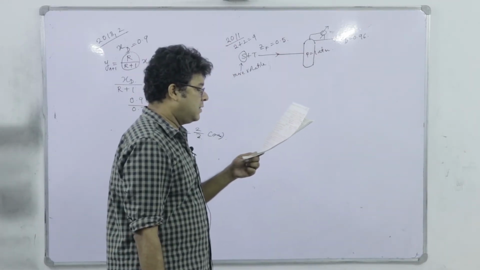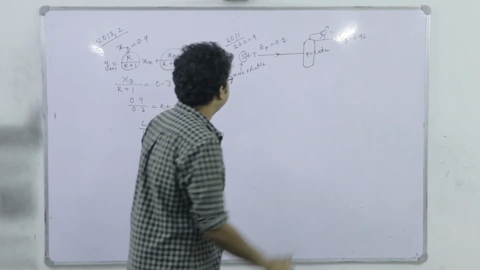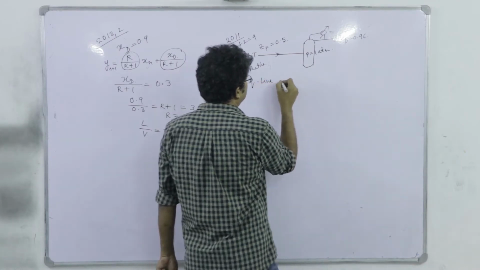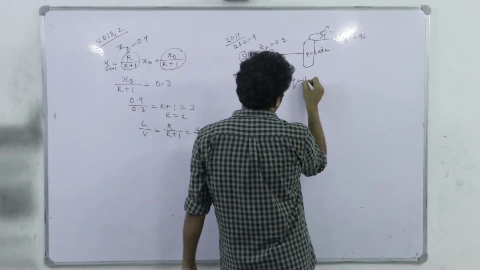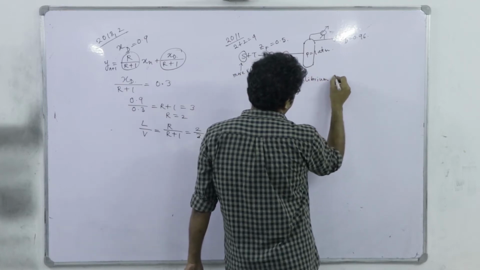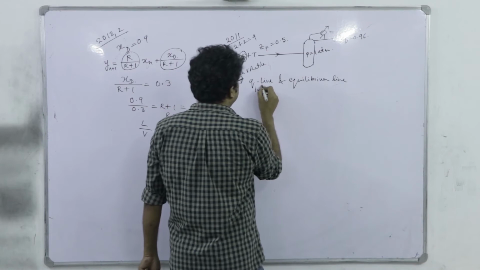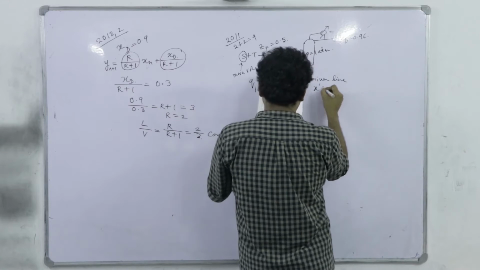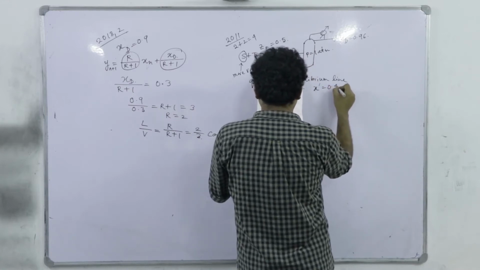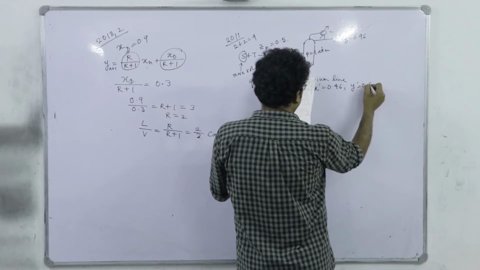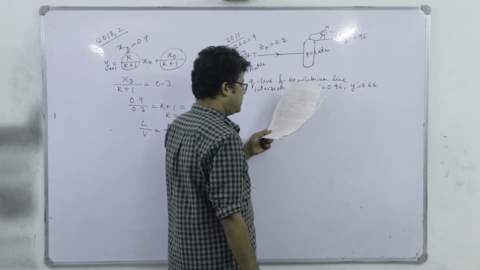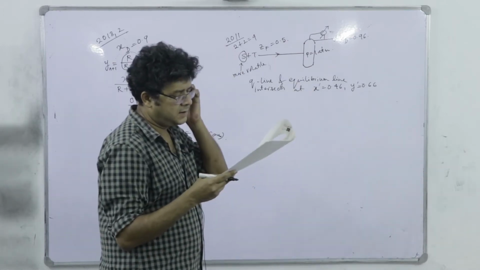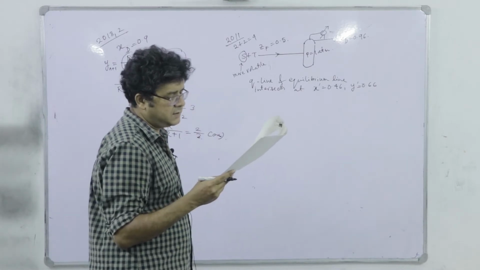The Q line and the equilibrium line intersect at x prime equal to 0.46, y prime equal to 0.66. Assume that the McCabe-Thiele method is applied and relative volatility is constant.